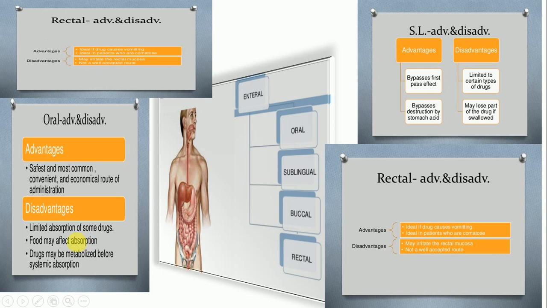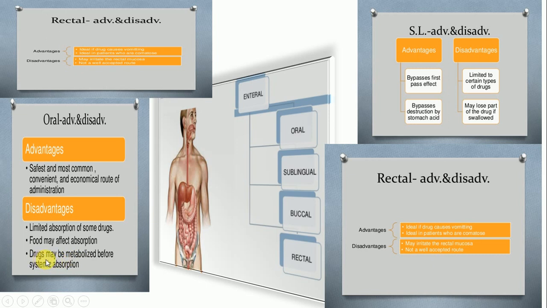For example, take the drug for malaria that we used to take when someone is sick with malaria: if you take it with fatty food, the absorption will be so fast. Also, another disadvantage is that drugs may be metabolized before systemic absorption.